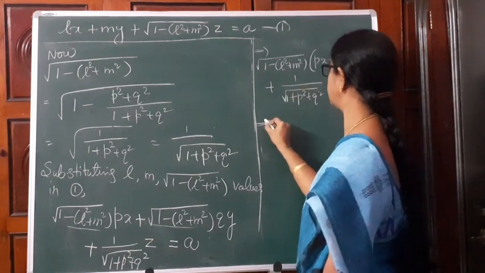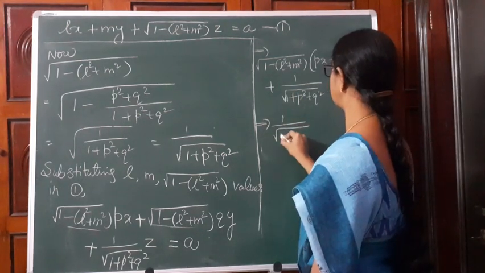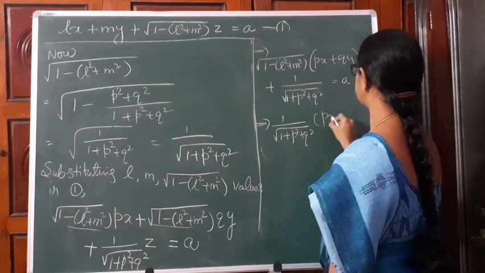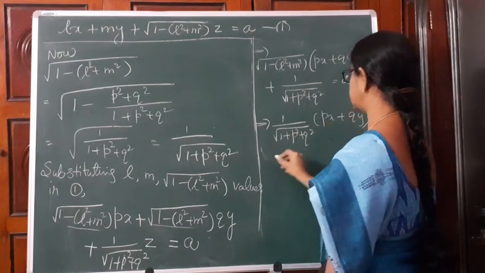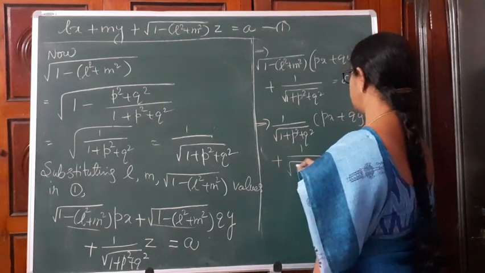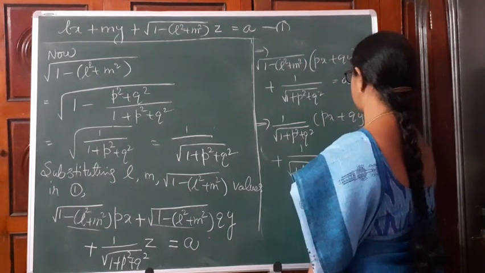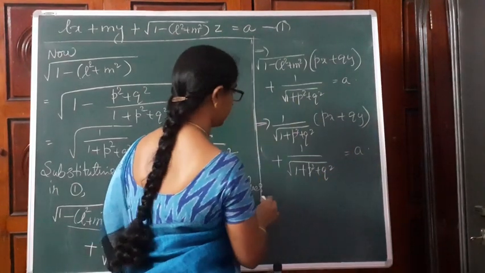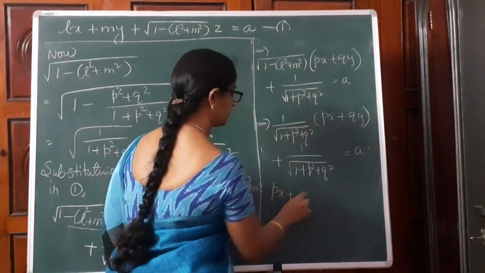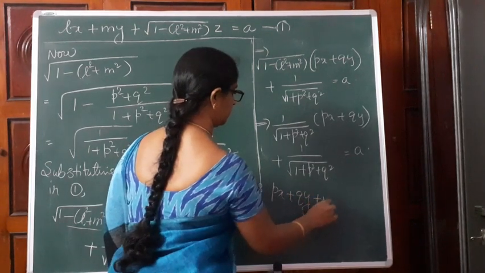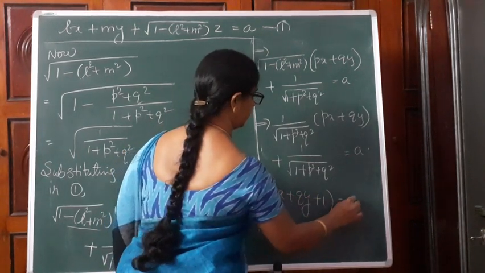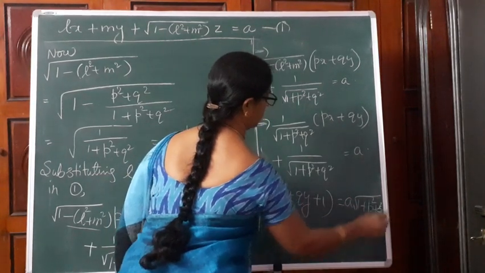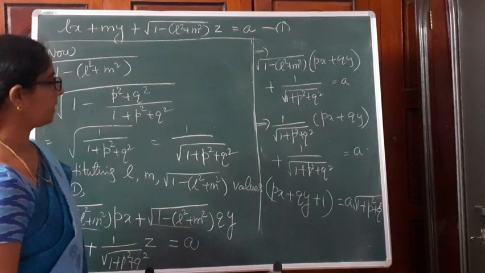So if we substitute here, we get 1 by square root of 1 plus P square plus Q square into Px plus Qy plus 1 by root over 1 plus P square plus Q square is equals to A. So finally, after simplifying, we get Px plus Qy plus 1 is equals to A into root over 1 plus P square plus Q square. If I am not wrong. Think I am correct?